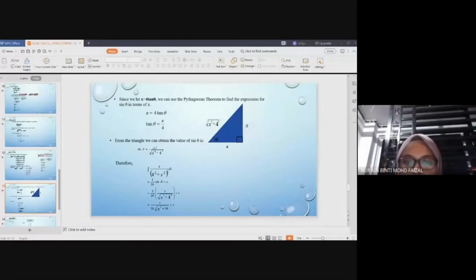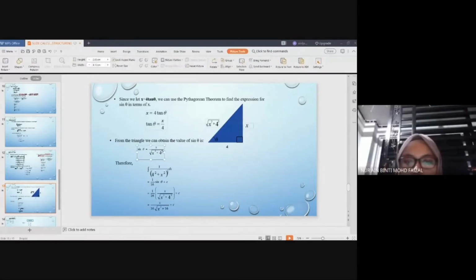From the triangle, we can also find the value of sine theta, which, as you can see right over here, is x over square root of x squared plus 4 squared, because sine is opposite over hypotenuse.